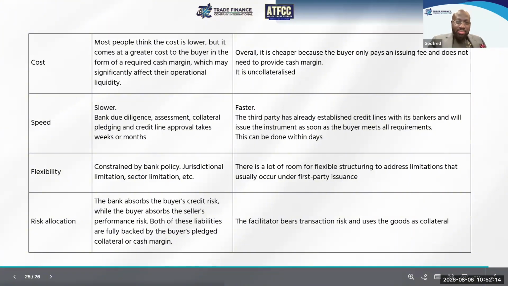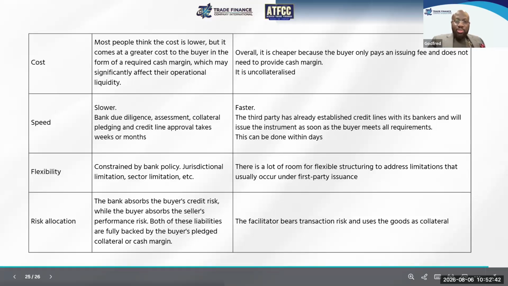Also, we're looking at flexibility. In the first party market, there are a lot of constraints by bank policy, jurisdictional limitation, and sector limitations as well. There are some banks that do not do business with some countries directly or indirectly, and there are some sectors that they don't do. Some banks don't do gas or fuel, some don't do gold, some don't do paper.